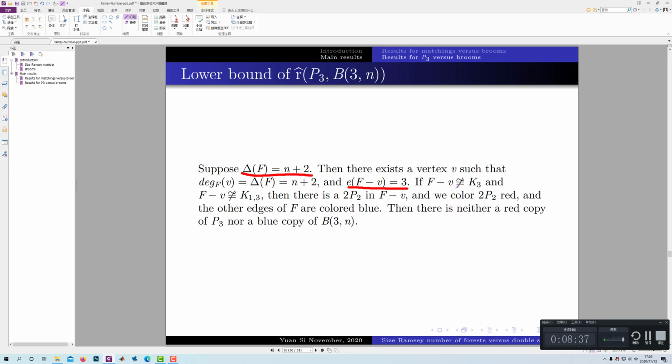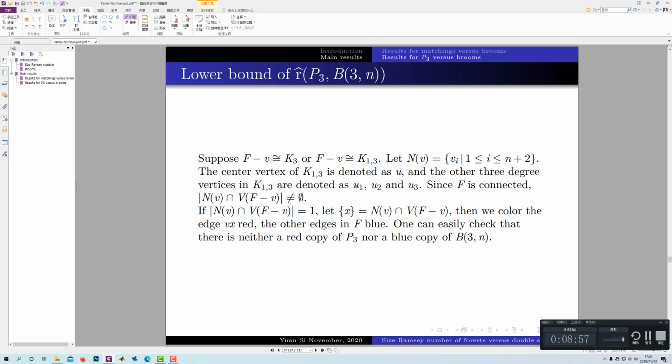If F minus v is not isomorphic to K3 and not isomorphic to K_{1,3}, then we can find a 2P2 in F minus v and color it red. So F minus v is isomorphic to K3 or K_{1,3}.